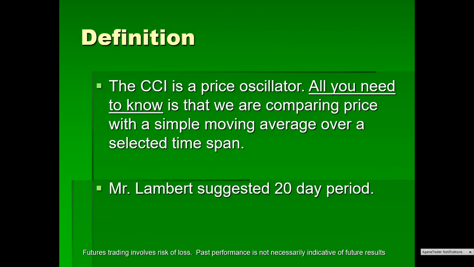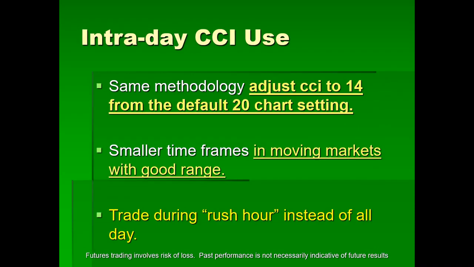So the CCI is a price oscillator. All you need to know is that we're comparing price with a simple moving average over a selected time span. Mr. Lambert suggested a 20-day period. For day trading, we are going to do one little change. We adjust the CCI to 14 from the default chart setting.